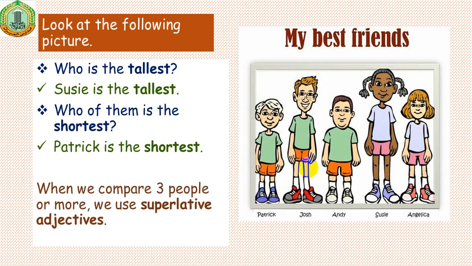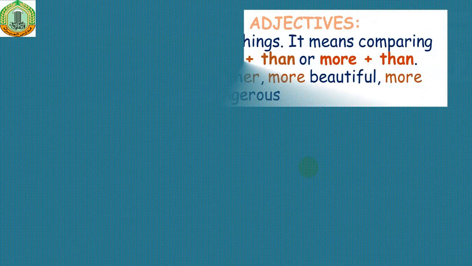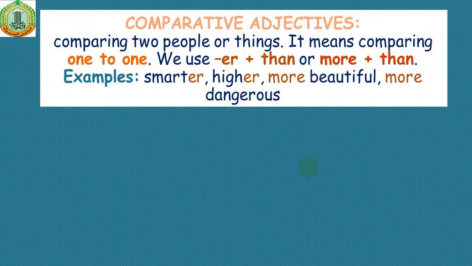When we compare 3 people or more, we use superlative adjectives. So, comparative adjectives is comparing 2 people or things. It means comparing 1 to 1.